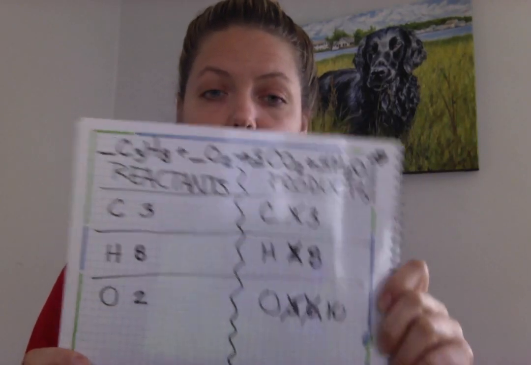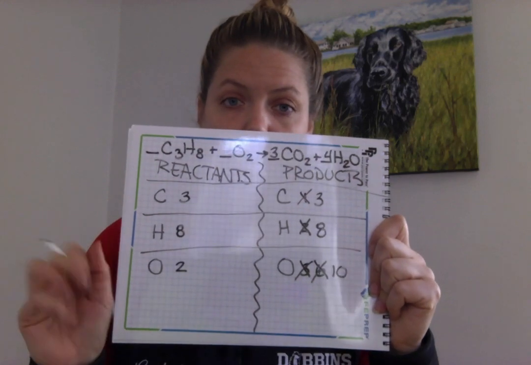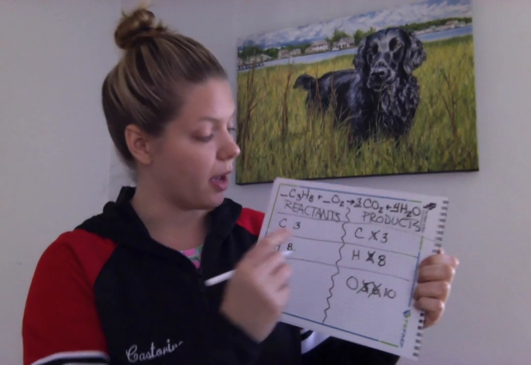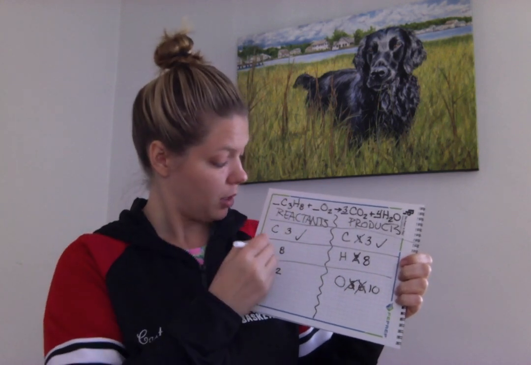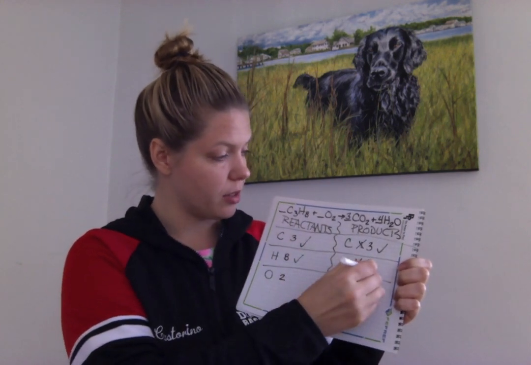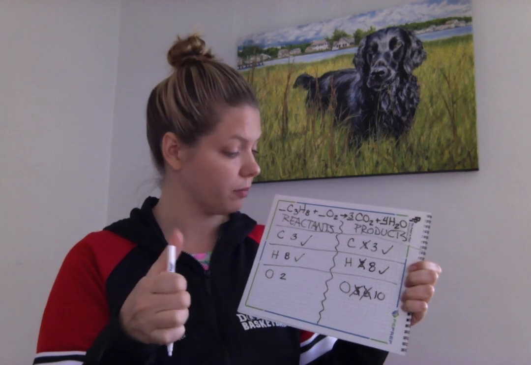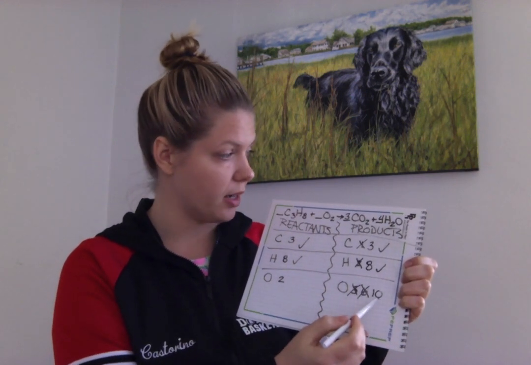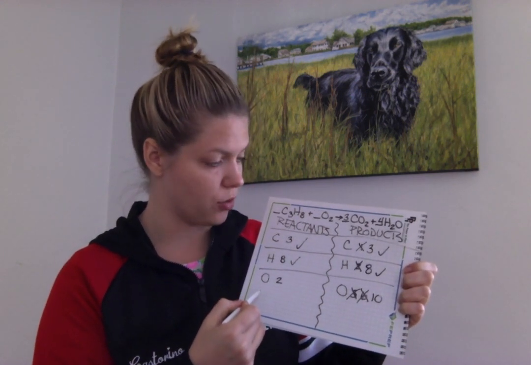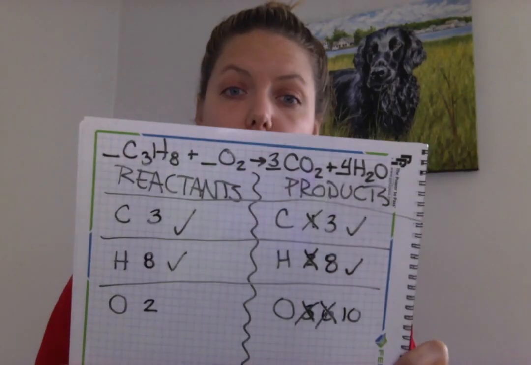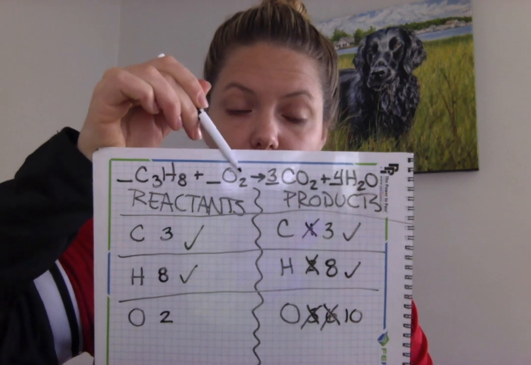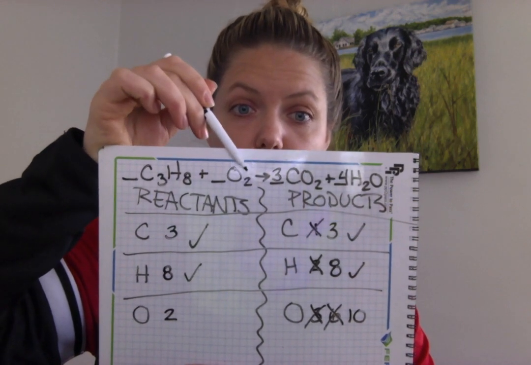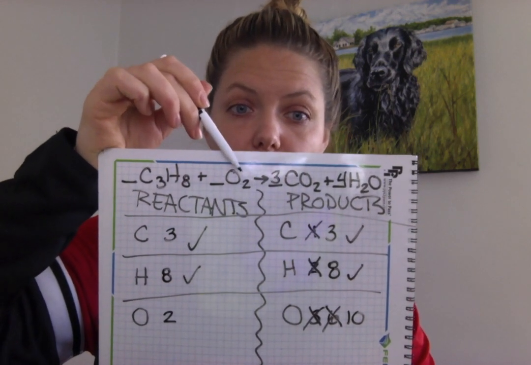All right, so now let's go through and check before we do anything else, right? We have 3 carbons, happy, happy. We have 8 hydrogens, cool. Down here we have 10 oxygens and 2 oxygens. Again, we lucked out because oxygen is all by itself over here, and thankfully it is oxygen 2, so it's an even number already.